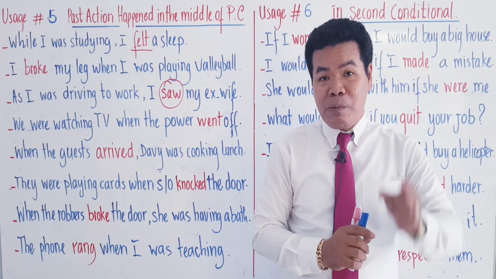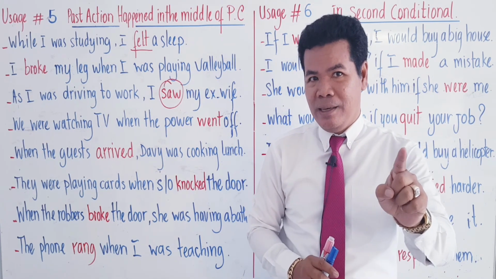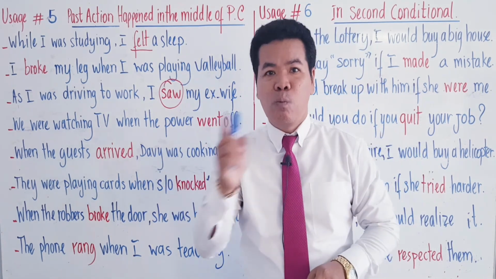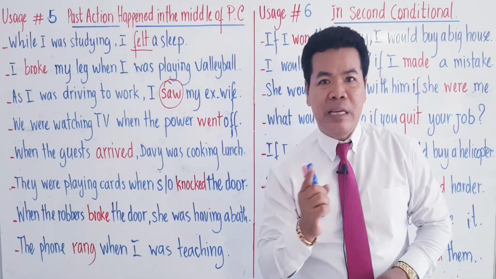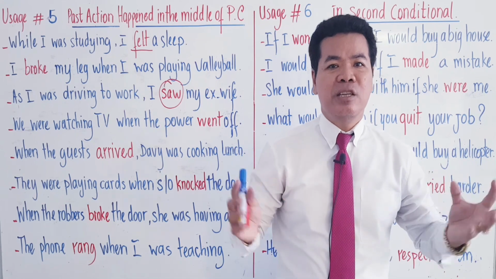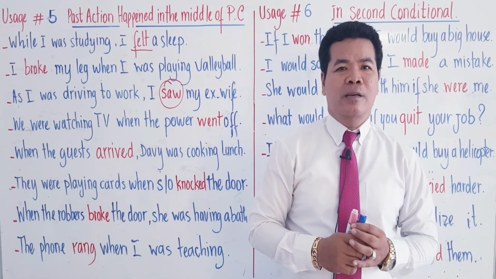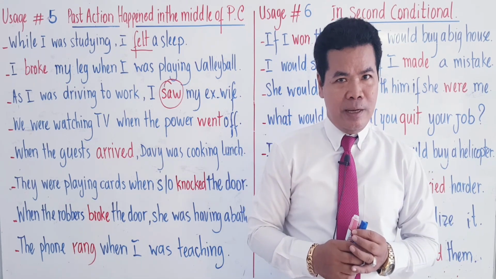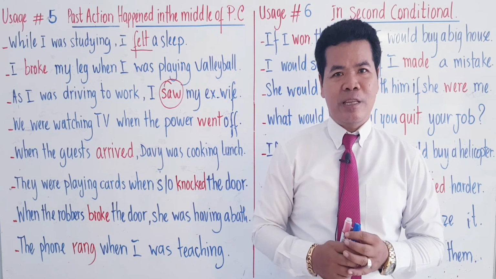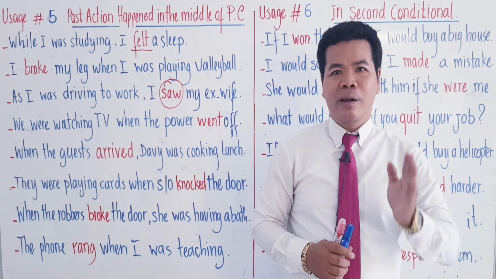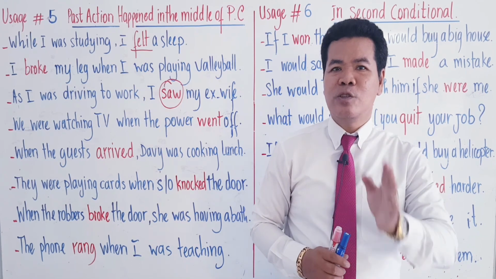Okay? But the past continuous was happening, and then one of the past simple actions happened in the middle or interrupted the activity. Do you understand? I hope you will understand about that. So now, let's go to the last use of the past simple.